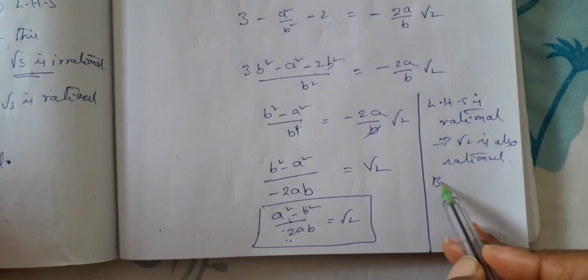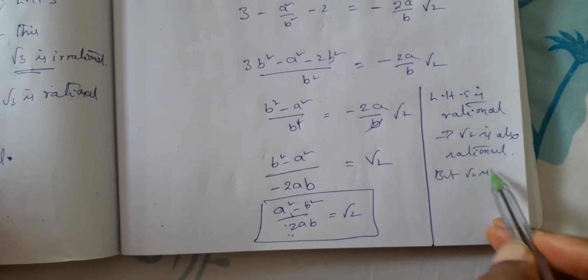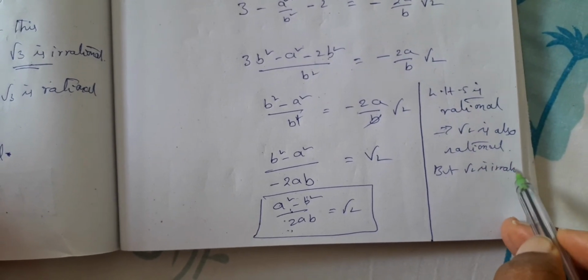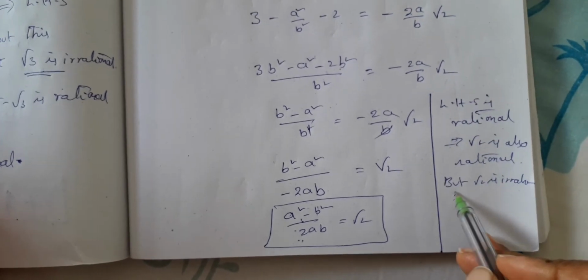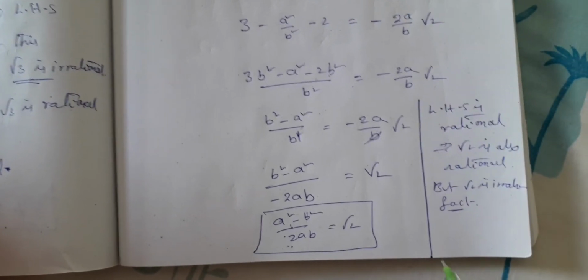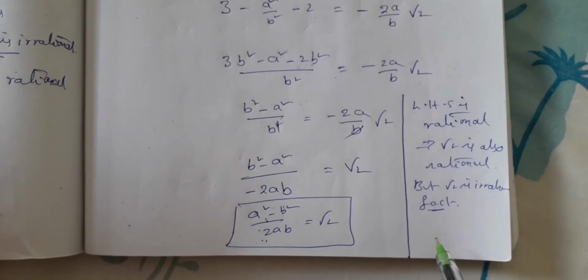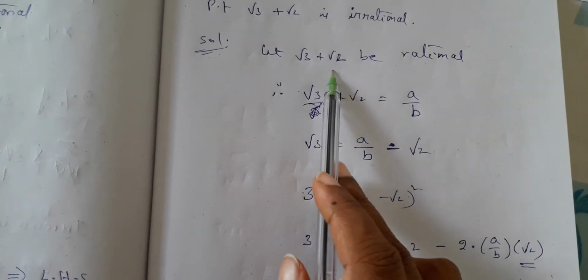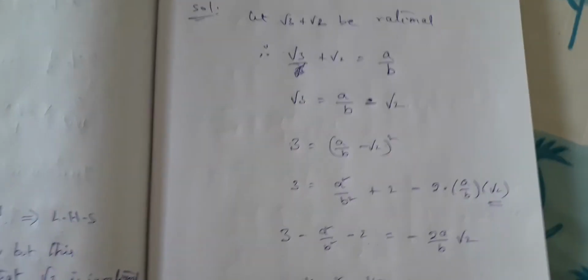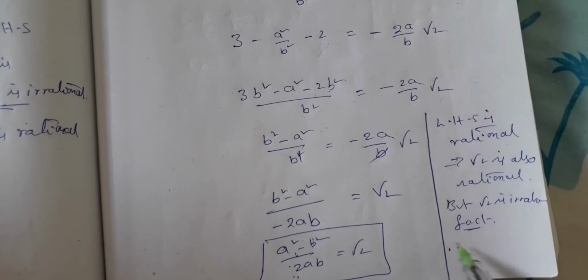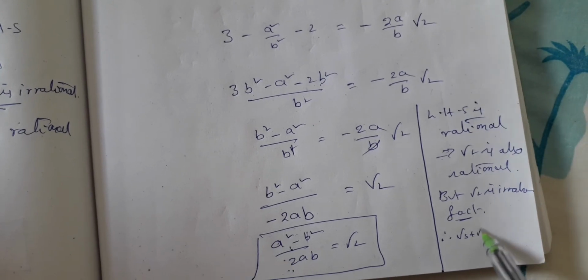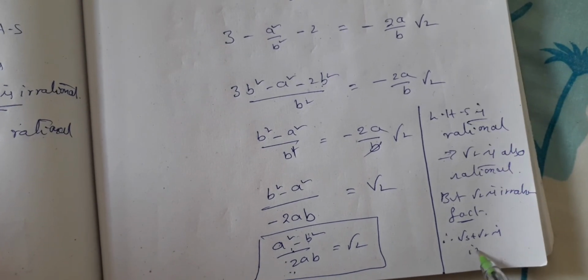This contradicts the fact that root 2 is irrational. This is a fact. So what we assumed here, that root 3 plus root 2 is rational, is wrong. So therefore root 3 plus root 2 is irrational.